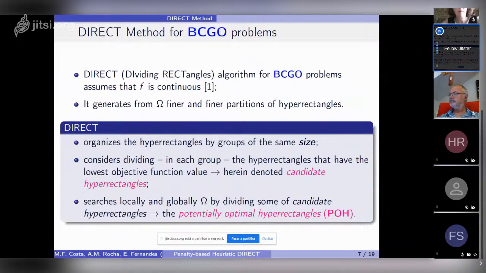This algorithm organizes the hyperrectangles by groups of the same size, and it considers in each group the hyperrectangle that has the lowest objective function value. These hyperrectangles are called candidate hyperrectangles. Direct algorithms search locally and globally the search space omega by dividing some of the candidate hyperrectangles, which are designated potentially optimal hyperrectangles.